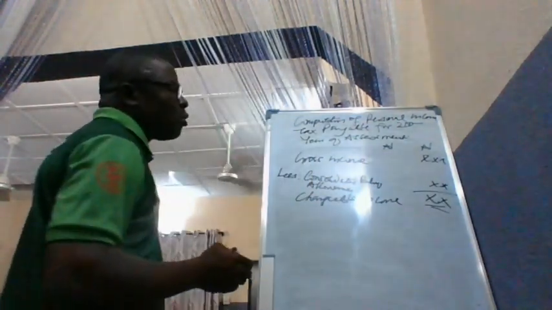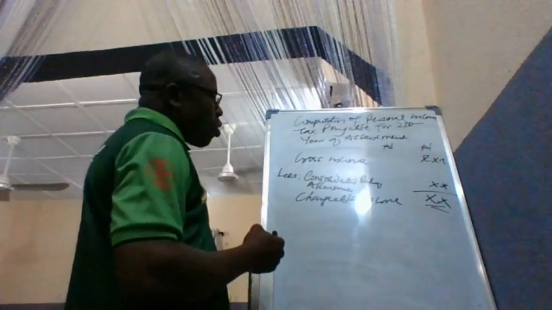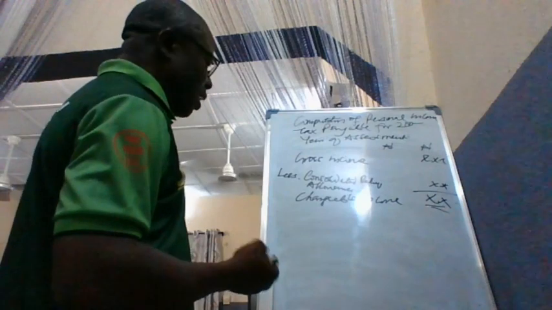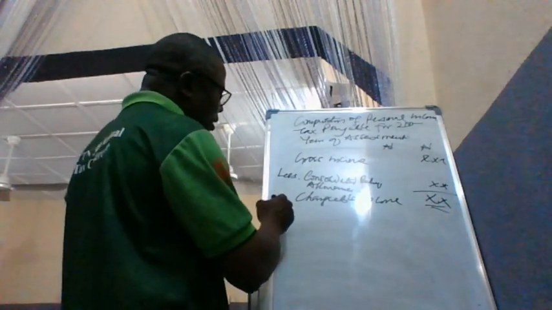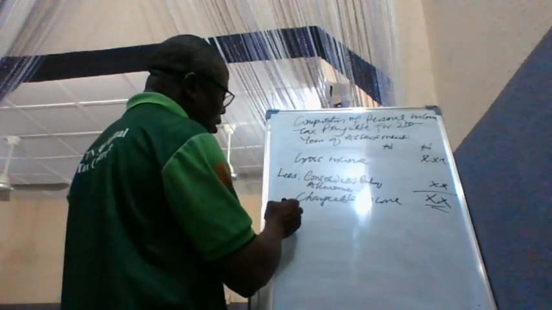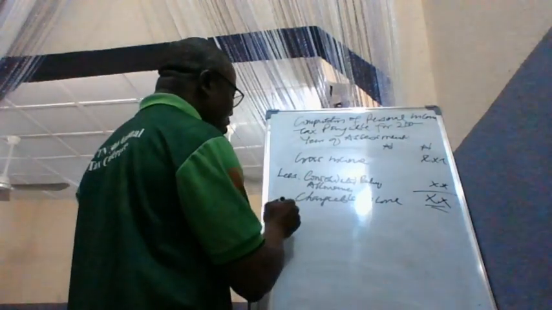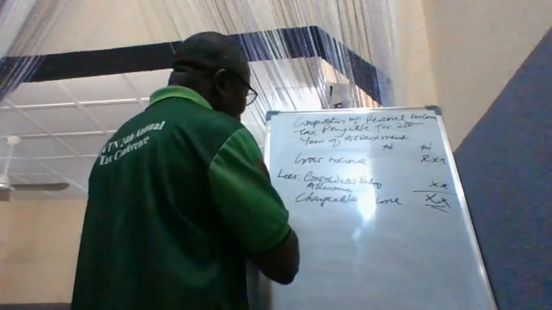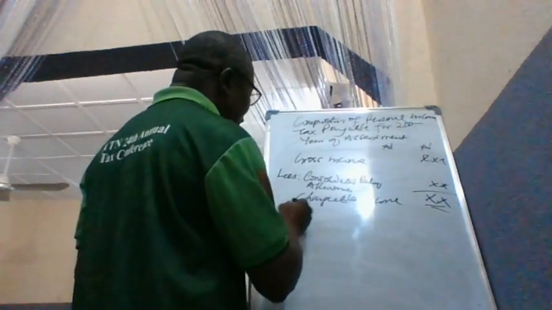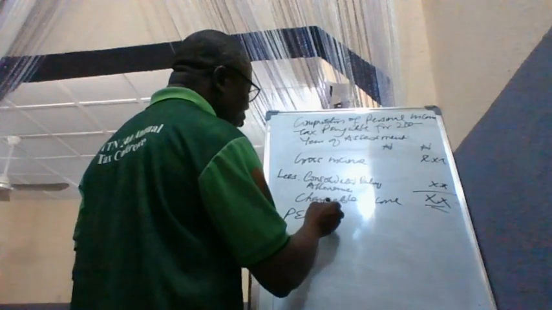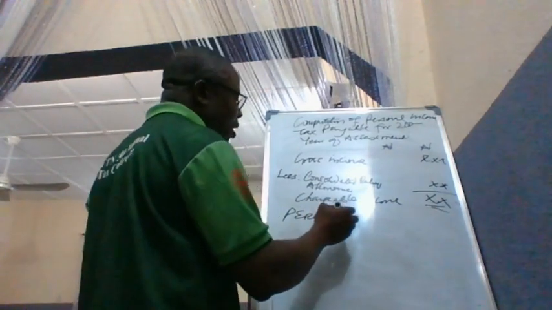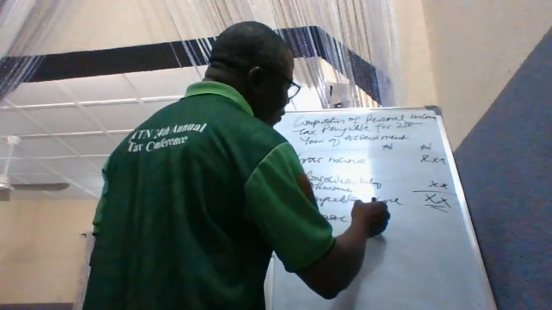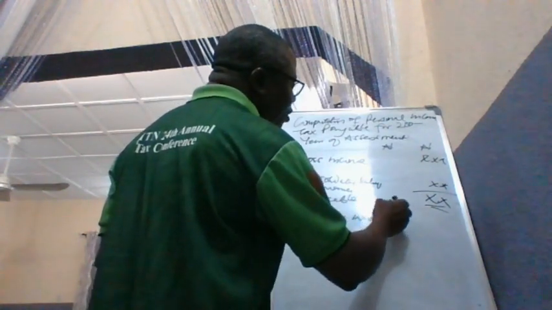Now, when you get your chargeable income, the next one is to compute the personal tax based on the rating. So the next one will be personal income tax rates. Income tax rates.